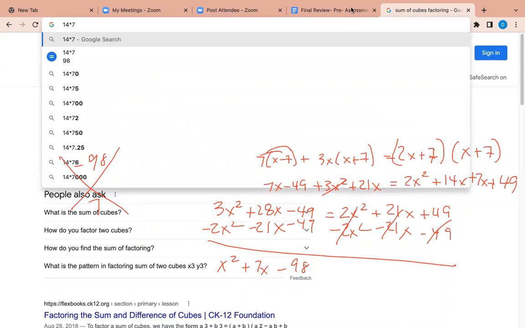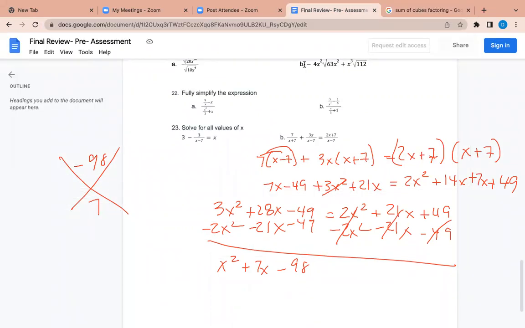Okay. So it's 14 and negative 7 here. And there is no a, so it will just be x plus 14, x minus 7. And since you are solving, make them both equal to 0. So x is equal to negative 14, x is equal to positive 7.